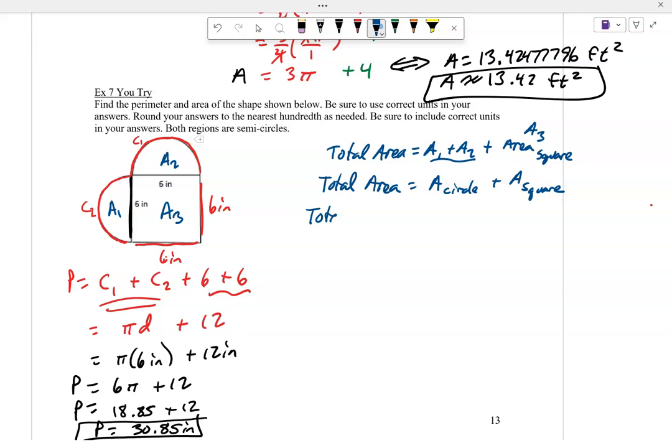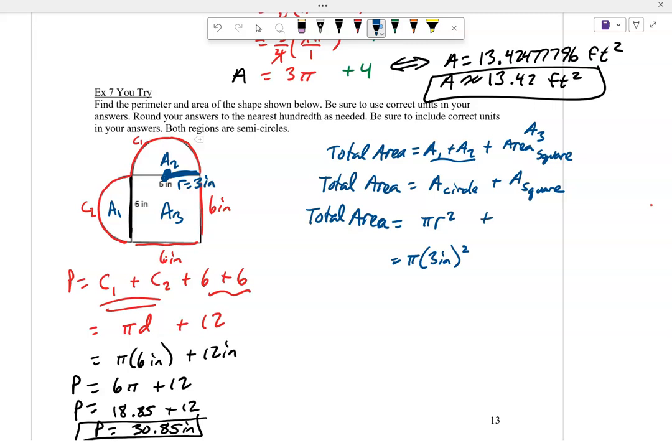So for this total area, we know the area of a circle is pi times radius squared. Well, all the way across is 6 inches, so what's just the radius of this? It'd be 3 inches, right? So pi times 3 inches squared, that's the area of the circle.